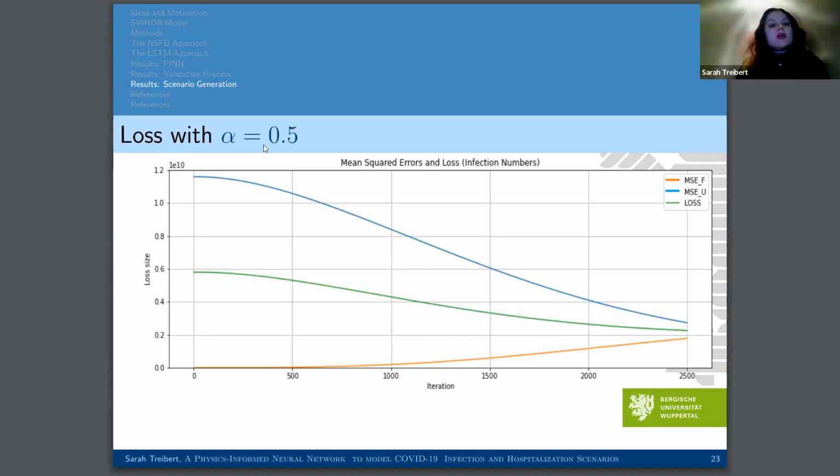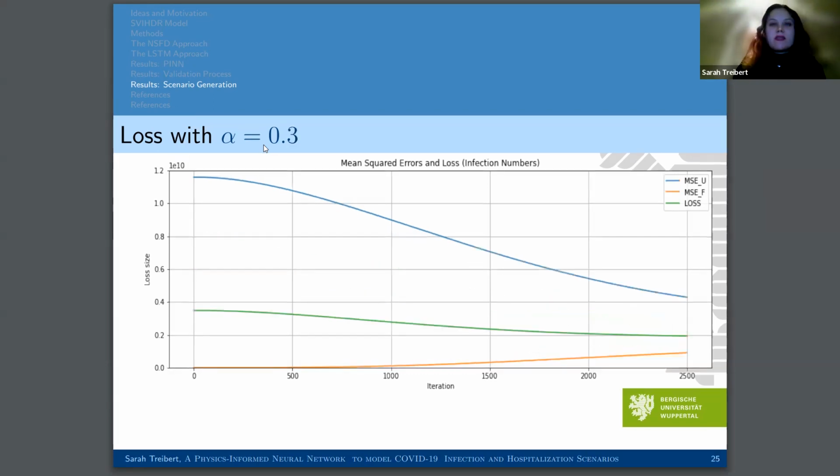Smaller alpha led to a flatter loss curve and a larger alpha to a steeper one. We found that the inclusion of the residual error seemed very reasonable in the PINN, because we also obtained the smallest final value of loss. This is what is actually wanted. I think that was quite clear.